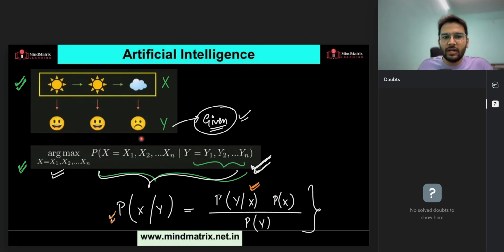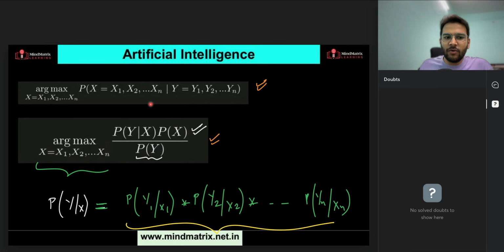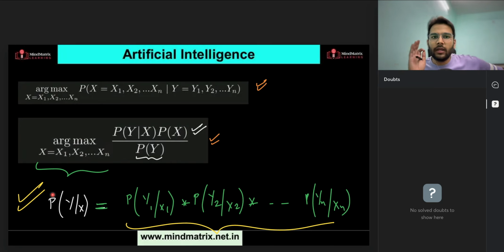Carefully see this. Let's say this is my x1, this is my x2, this is my x3, the same thing, y1, y2, y3. So probability of y1 given x1, probability of y2 given x2, probability of y3 given x3. So can I say this is how you can find the probability of y given x? You multiply the probability of every y given every x. Is this clear?